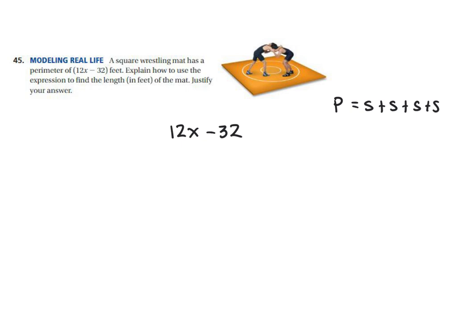That tells us there's 4 sides, so I'm going to have to factor out a 4. 4 times what is 12? 3. So 4 times 3x is 12x. So then I have to think 4 times what is negative 32? 4 times 8 is 32. So 4 times negative 8 is negative 32.